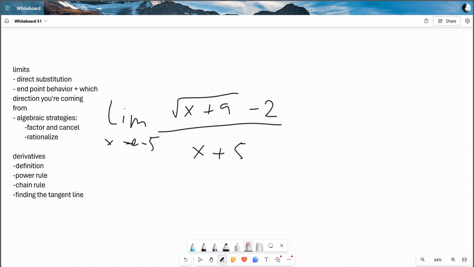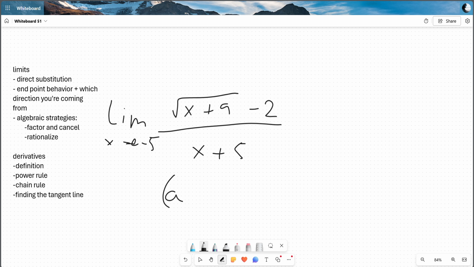So we plug in negative 5 here, and we get 2 minus 2, which is 0. So we have that 0 over 0 indeterminate form. There should be something we can do, but there's nothing to factor out. So what are we going to do here? Well, recall that there's an identity which goes something like this.